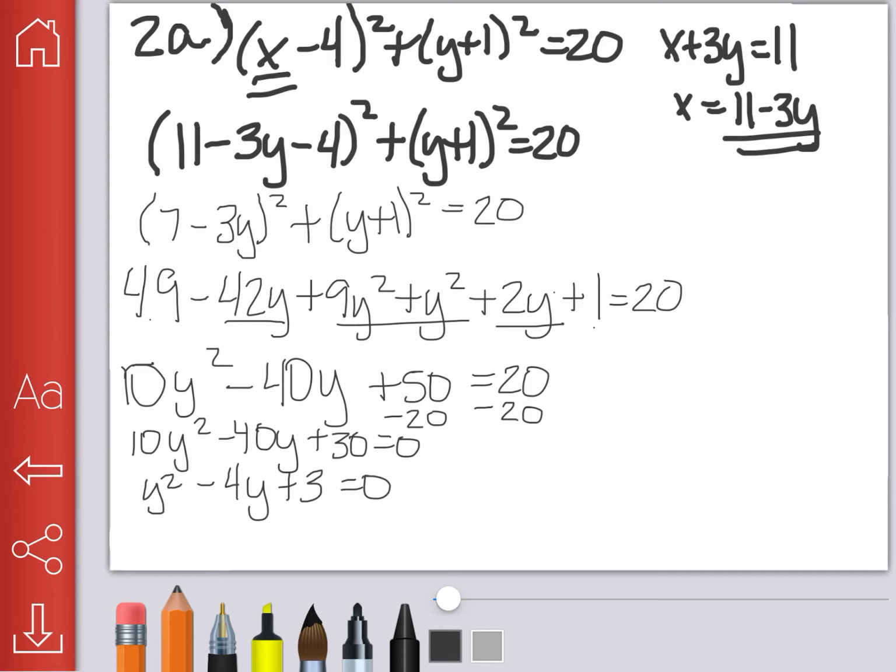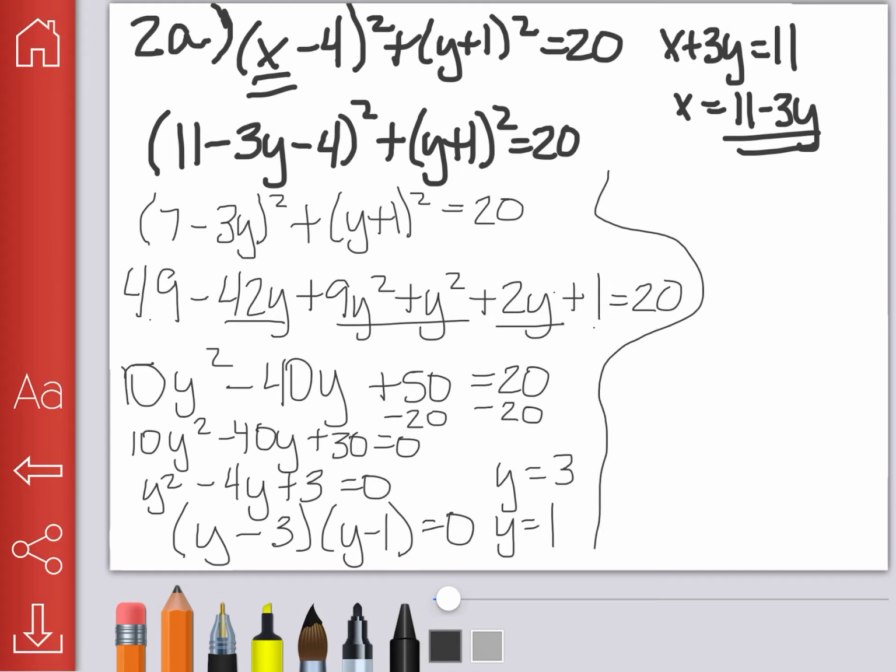And all of a sudden, it's not as ugly of an equation that we can actually factor. So I need two factors of 3 that add to negative 4, which happen to be y minus 3, y minus 1, equals 0. So my y values are 3 and 1.